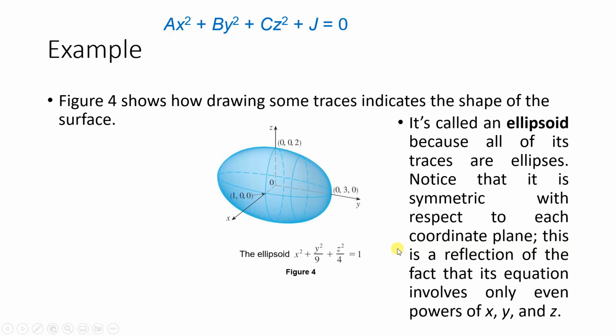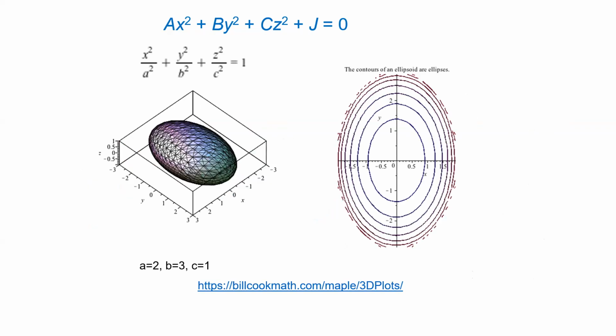So whenever we have the equation x square over a square plus y square over b square plus z square over c square is equal to 1, and a square, b square, c square are not all equal, then this is an ellipsoid. And this is symmetric about the coordinate planes and coordinate axes as well, because it has square terms only.